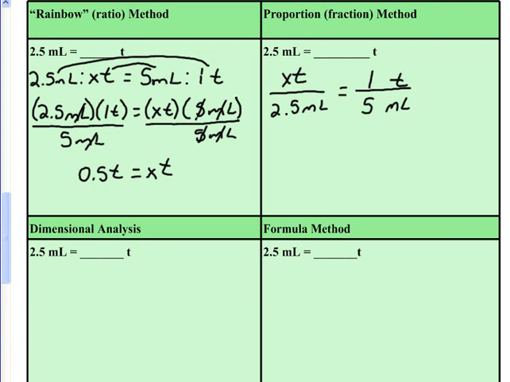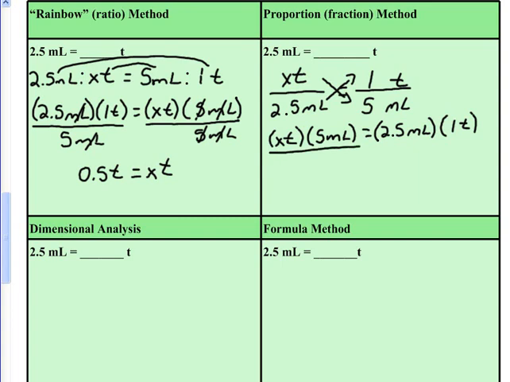Now to solve for x, we will cross multiply. I'm going to multiply the x teaspoons by 5 milliliters. We will set this equal to 2.5 milliliters times 1 teaspoon. In order to get x by itself, we must divide both sides by 5 milliliters.